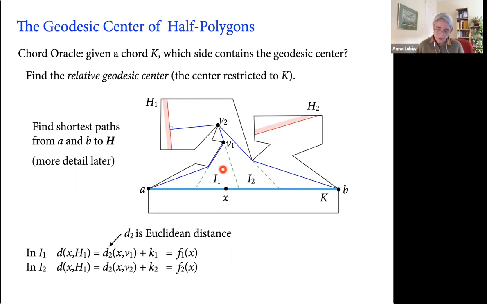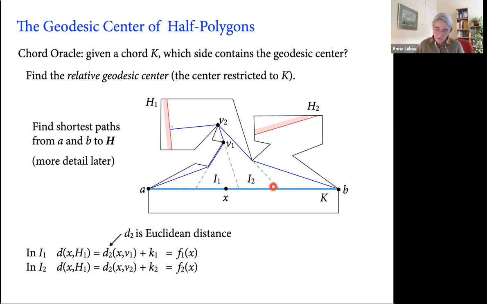Well, I need to travel to V1. So I have the Euclidean distance from X to V1 plus some constant that captures the length I have to travel after that. It's all the same whether X moves around in here. That last part of the journey is all the same. So this is a very nice function. It depends on a Euclidean distance plus a constant.